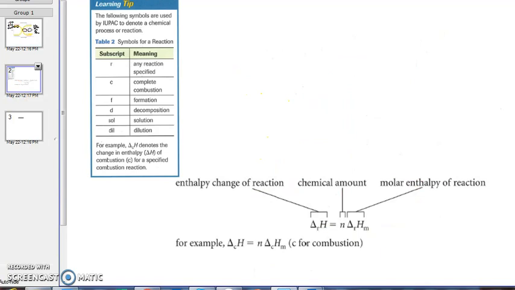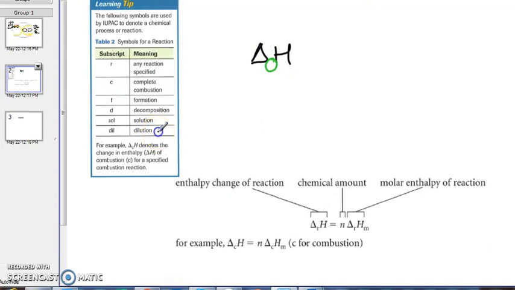How much, given this much is reacting, how much actual energy is going to be released? Now, there are several ways that we can mark this, but usually we're using something called a delta H notation. That delta H is going to represent basically an enthalpy change. In this spot right here, we're going to say what is happening.